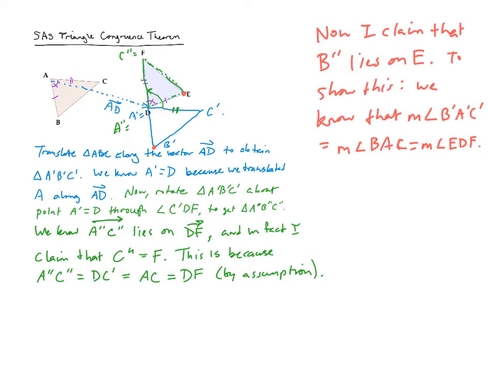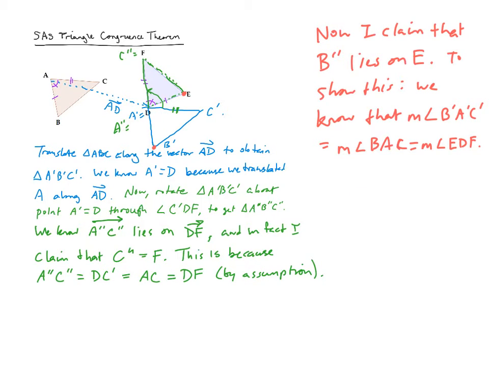So what does that tell us? That tells us that if I have mapped this segment onto this segment, the thing I'm trying to figure out is where does this segment end up going under that rotation? I'm hoping it's going to go exactly here. But why would that be the case? Well, that's the case because I know that this segment mapped exactly onto this, and then the angle from this segment to this other side is the same as the angle from this segment to this other side.